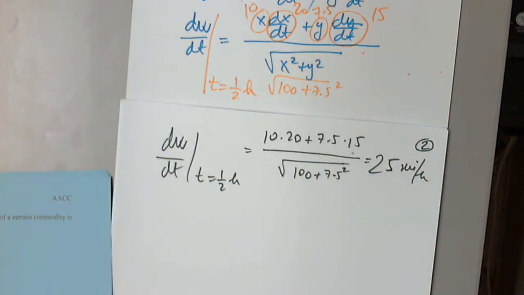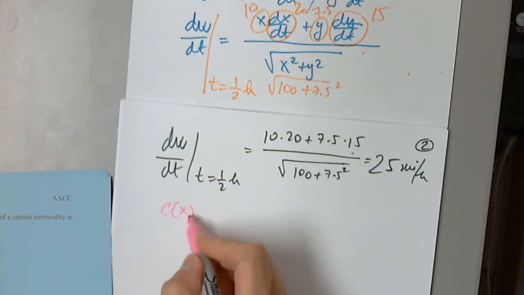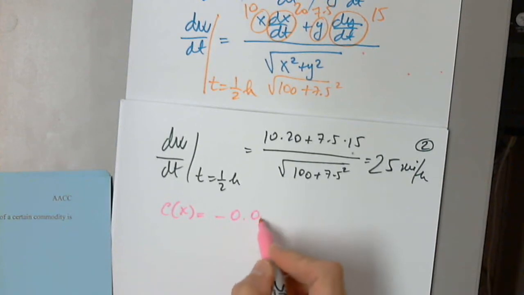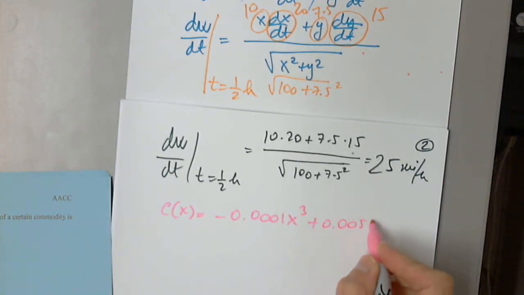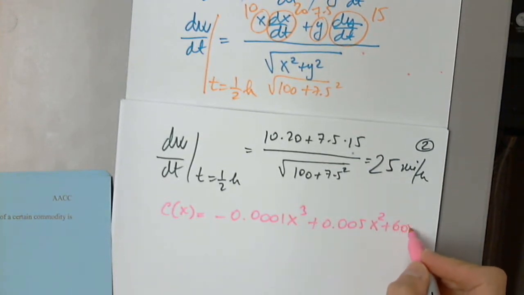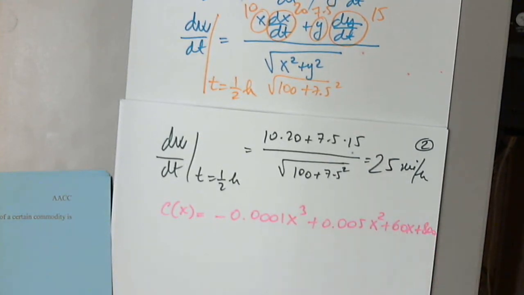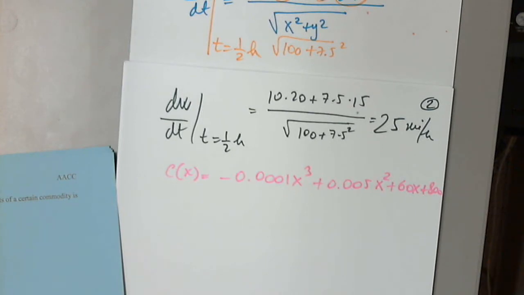So we are given a cost function, which is negative 0.0001 x cubed plus 0.005 x squared plus 60x plus 800. We're asked to find the marginal cost.